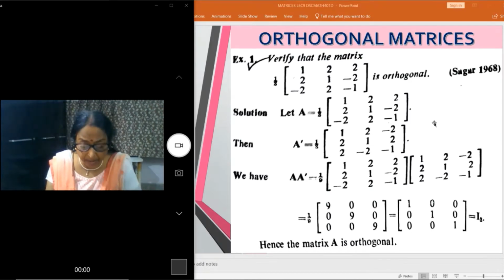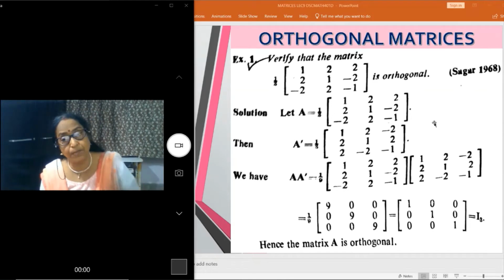Given some example of orthogonal matrix first. So here you can see whatever the matrix given. In orthogonal matrix, we have to multiply A and A dash together. If A is the matrix, then A dash is the transpose of A, which can be obtained by changing rows to columns and columns to rows.